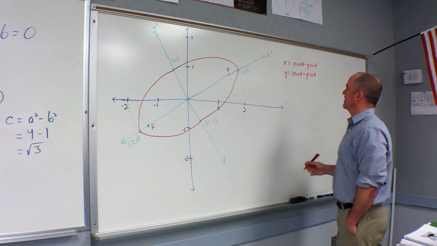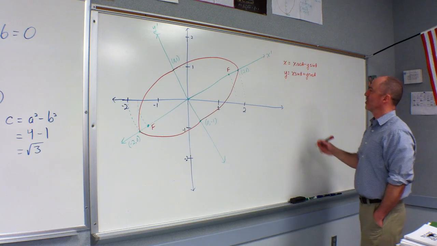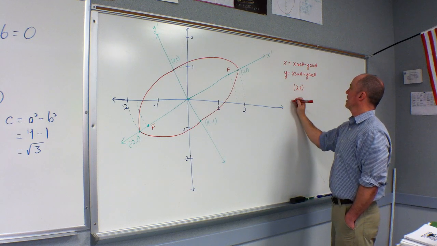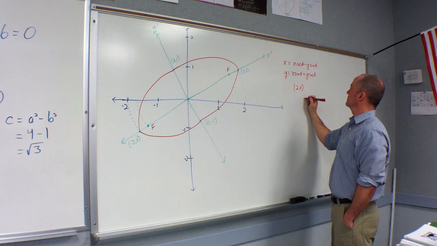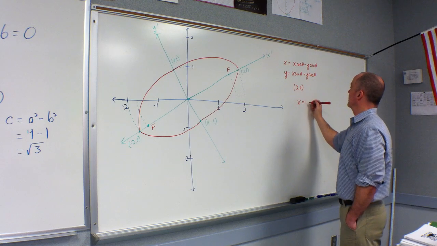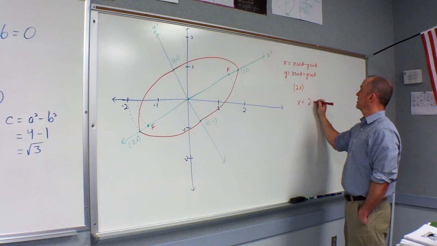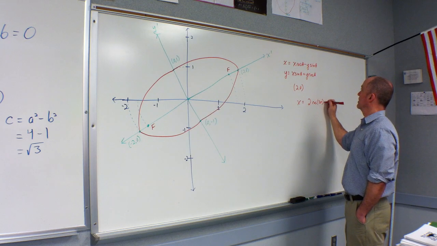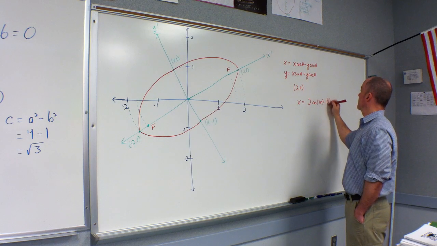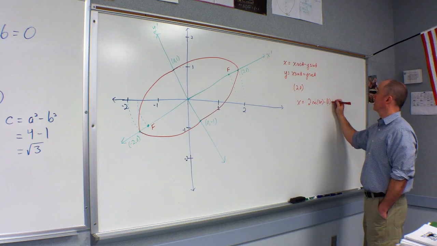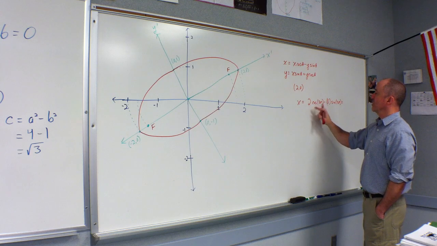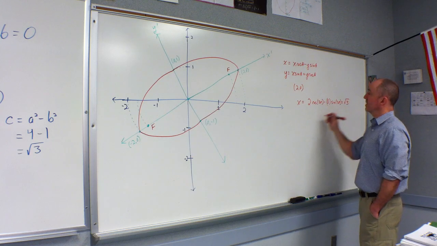So 2, 0 then would become, let's see, the new x coordinate would be 2 times cosine 30 degrees minus 0 times sine 30 degrees, which is root 3 over 2, double it, that's just root 3.